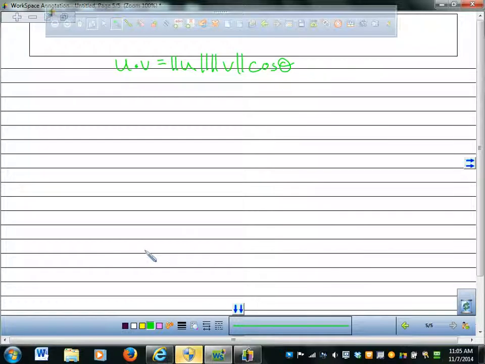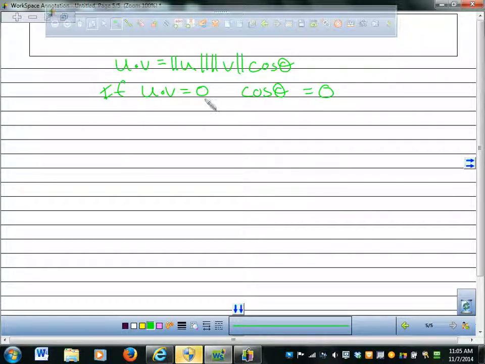And if u dot v equals 0, that must mean that either one of these is the 0 vector, or the cosine of theta equals 0. If cosine of theta equals 0, when is cosine theta equal to 0? At what radius? 90 degrees, okay?